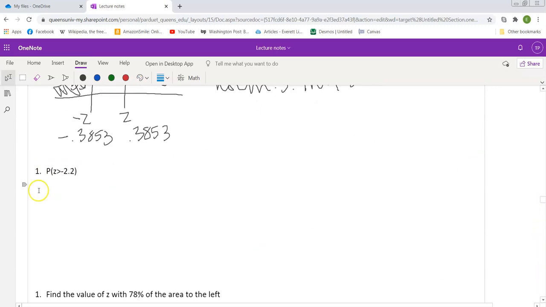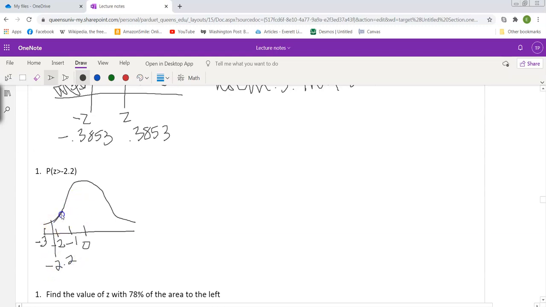All right, number 4, looking for the probability that z is greater than negative 2.2. This is a probability one. So there's 0, negative 1, negative 2, negative 3. So negative 2.2 is going to be right about there.